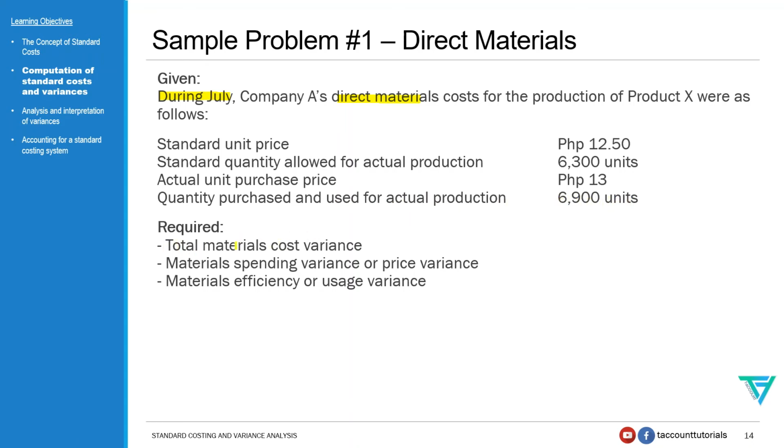Required: total material cost variance, material spending variance or price variance, materials efficiency or usage variance. Basically, it requires us to analyze the direct material variances into its various components.